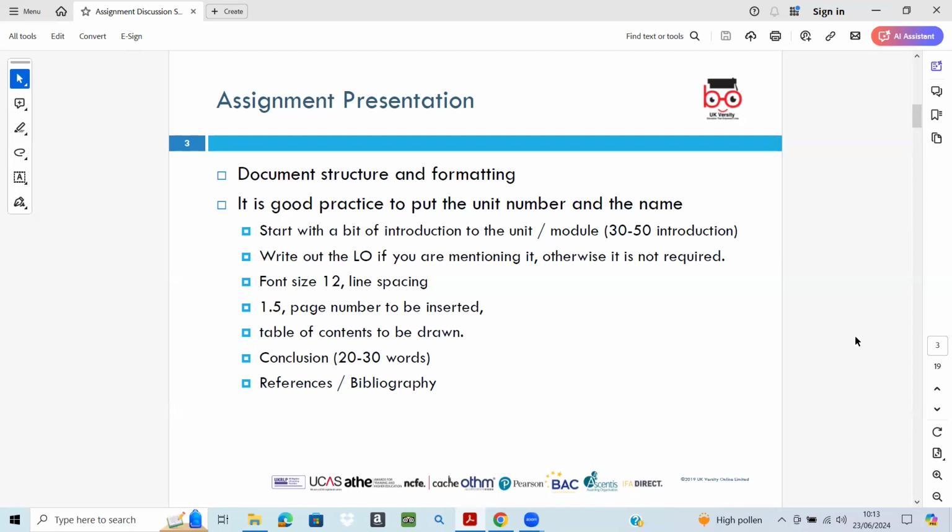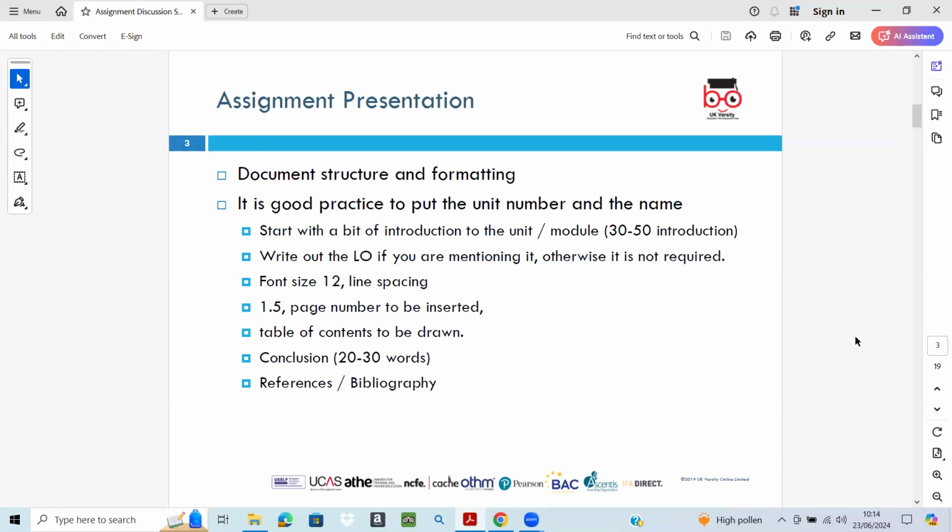So the conclusion should be a minimum of 20 to 30 words, and in the conclusion we need to summarize the key points covered in your presentation. We need to reflect on the significance of understanding human growth and development in the context of health and social care practice.